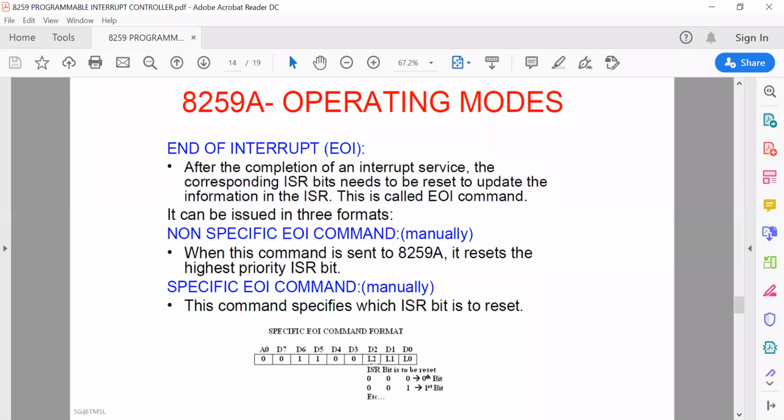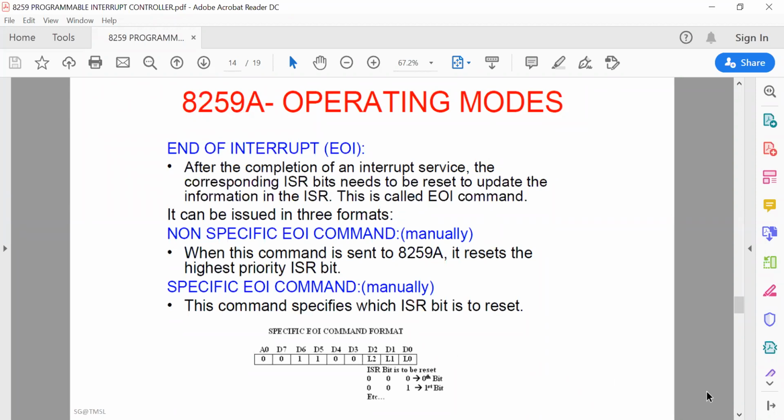If 001 has been given in these 3 bits, then ISR bit number 1, D0, D1, D2 up to D7, so the D1 bit will be reset of the ISR register. So in this way a particular specific bit can be reset.